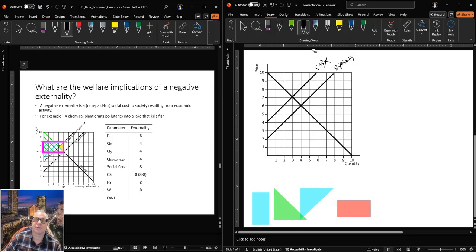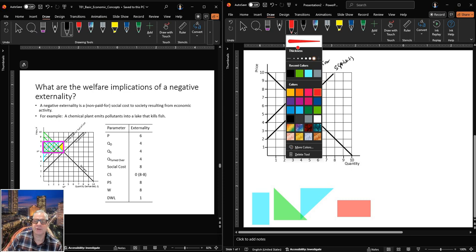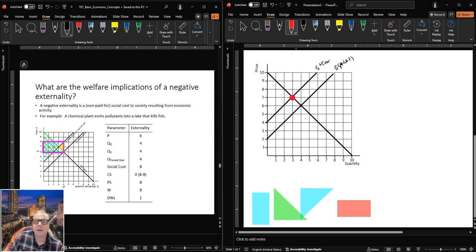So now if that becomes a tax, so now what happens is, now the new price will be again 7. So this is our price, 7. The market clears at 3.